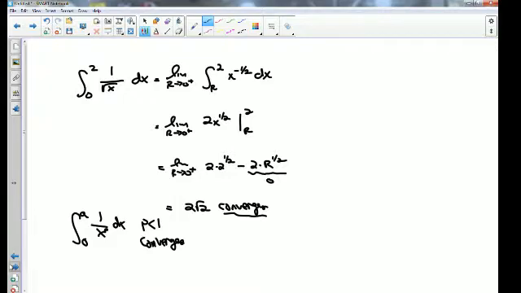Okay, so that last one, P was greater than or equal to 1. We know these diverge. Here, we know they converge if they're less than 1, strictly. And this includes like -2. If P is -2, we're really just integrating x squared, right? You're still going to get an answer. So it includes the negatives and 0.